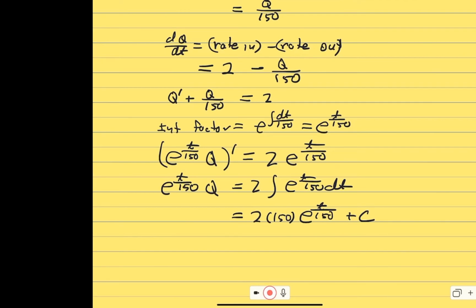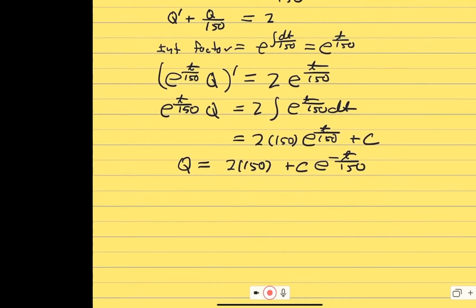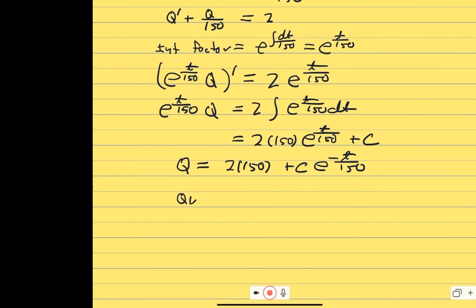If I take the derivative here, the chain rule, the 150s are going to cancel out. So now multiplying by the reciprocal of this, or e to the negative t over 150, gives us Q is 2 times 150, the exponentials cancel, plus C e to the minus t over 150, or Q of t equals 300 plus C e to the minus t over 150.